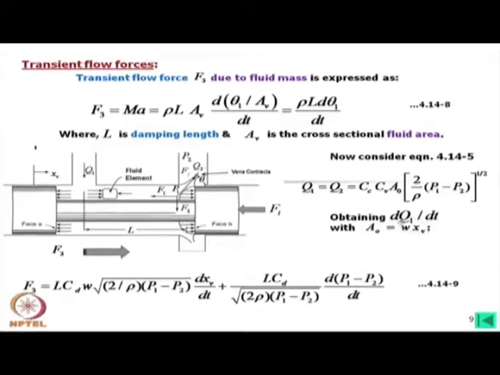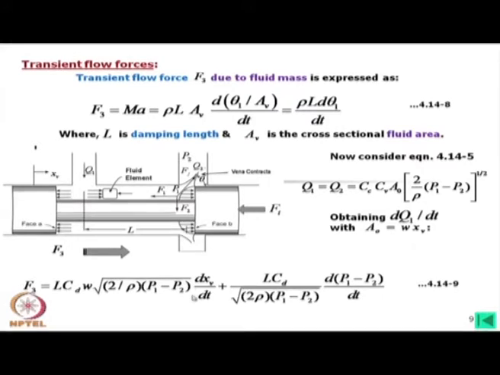Now, if we remember these equations, we are differentiating like this. So, L is there, and rho is there, but you see under root it is coming 2 by rho P 1 minus P 2, del x v by del t.